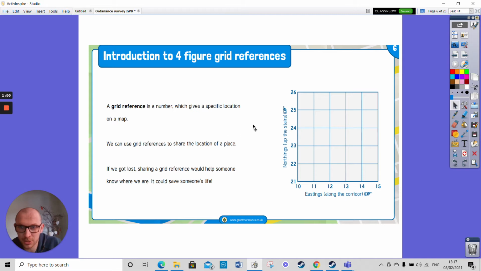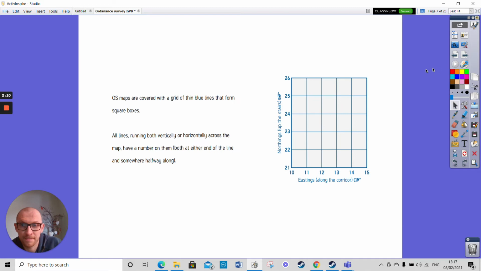Each square has its own specific unique grid reference on the map. We can use grid references to share the location of a place. If you got lost, sharing a grid reference would help someone know where you were, and it can help save lives. OS maps are covered with a grid of thin blue lines that form square boxes, which you can see on the map here.